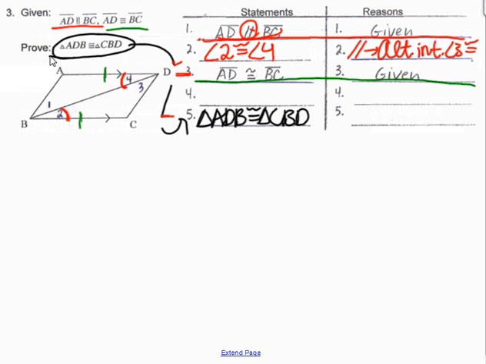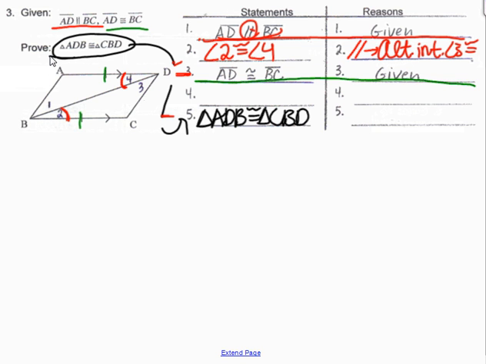I didn't have anything with parallel above it, so this is where I'm going to look for my go-tos. That's what I call them, go-tos. If you're listening to this video, to get a stamp or a sticker you need to write go-tos on the top of your paper, because that's an important strategy for these. Your go-to proof reasons are the reflexive property of congruence when they have a shared side, and vertical angle theorem when you see that X with the triangles.